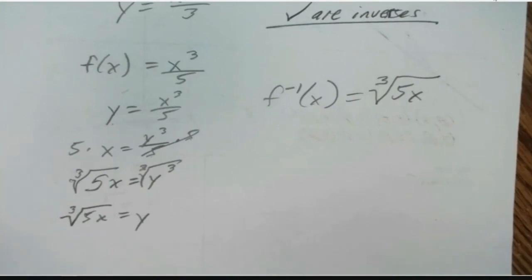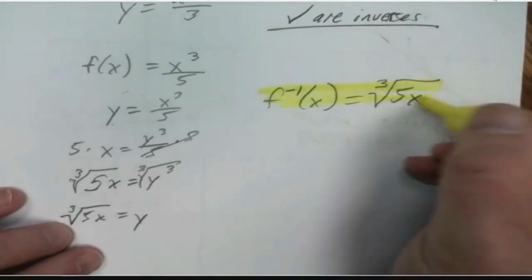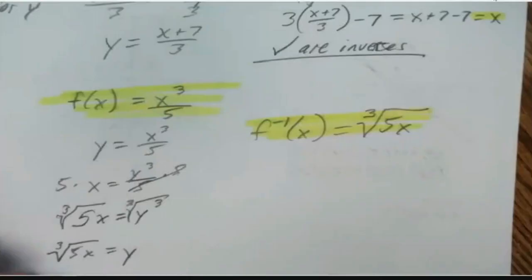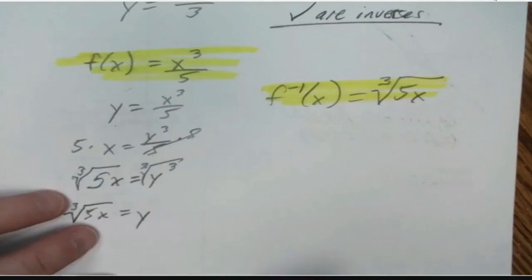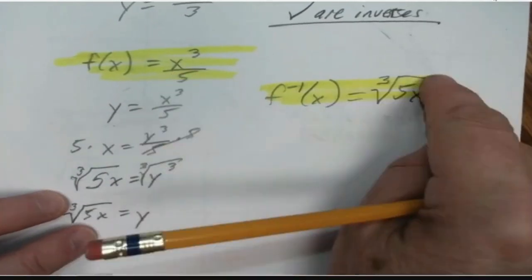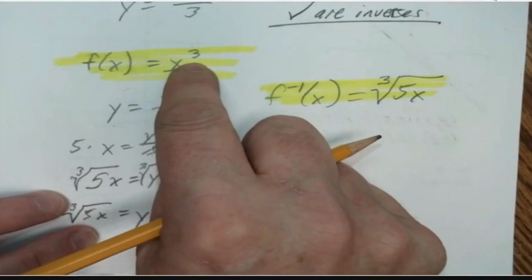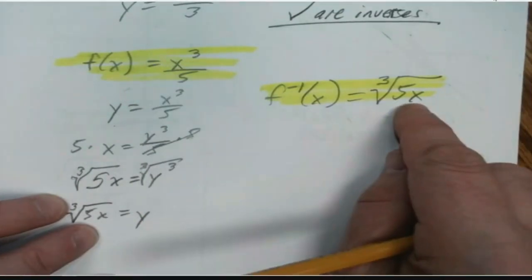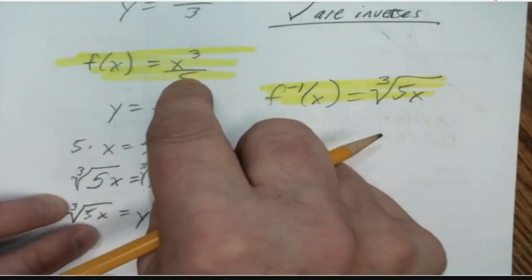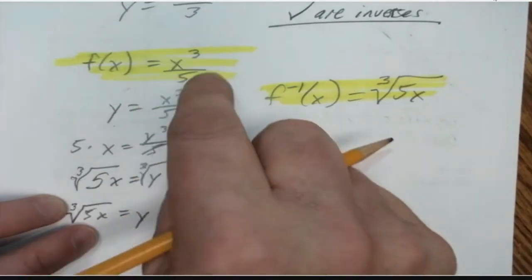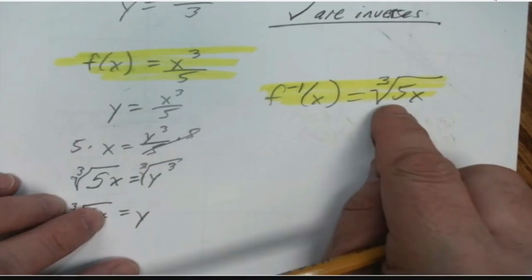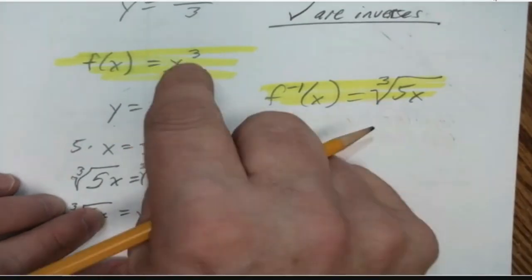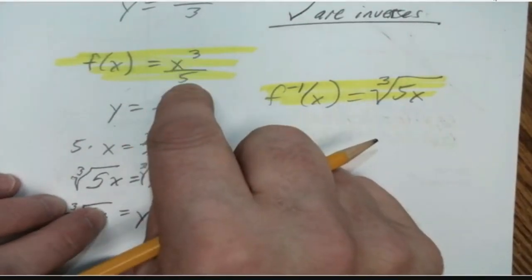But these two are inverses of one another. If you substitute this in, you'd have the cubed root of 5x, and then you're going to cube it, which means it's just 5x. 5x divided by 5 is x. You go the other way around. 5 times x to the third divided by 5.